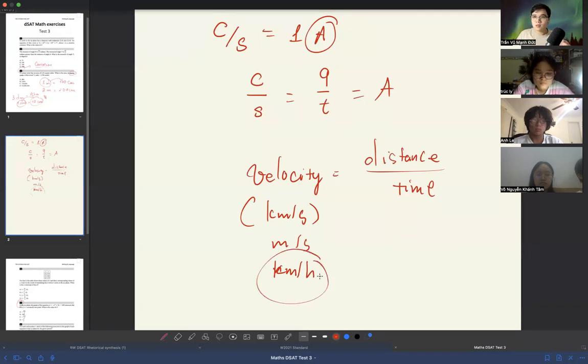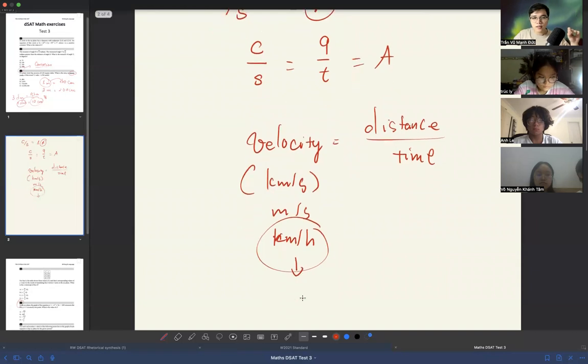For example, kilometer per hour, meaning 1 kilometer divided by 1 hour. So how can you convert from kilometer per hour to kilometer per second? Let's rewind a bit. 1 kilometer per 1 hour, like this.